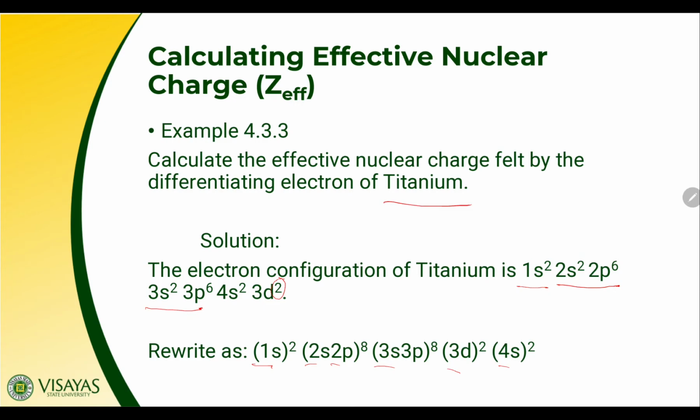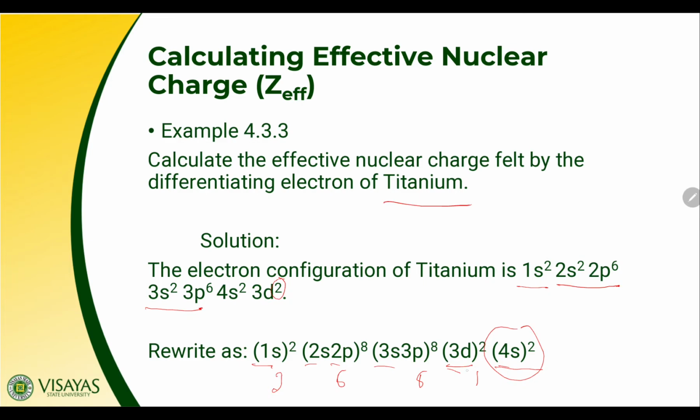But when we rewrite that, the 4s2 is actually on the right side, so we will disregard this. Since the outer electron doesn't have a shielding factor, this is minus 1, so we only use 1 of the 3d, and then 8 of 3s 3p, 8 of 2s 2p, and 2 of the 1s.